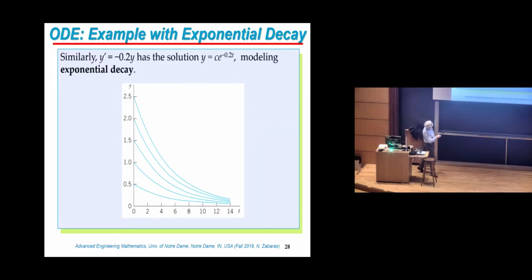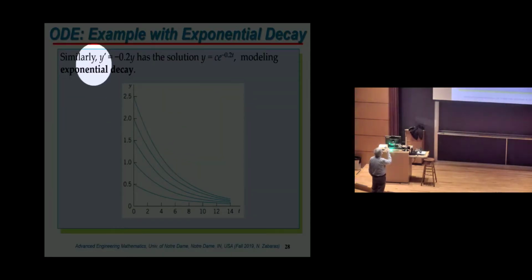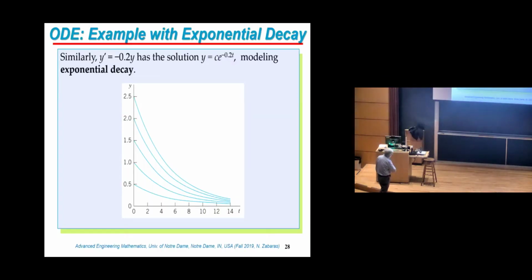The equation looks the same, except that the coefficient is negative. So you start from different values of y, and asymptotically you go to 0. This is a very common behavior. Lots of systems will either grow exponentially or decay. So being able to immediately see the solution for this type of problem is very helpful.